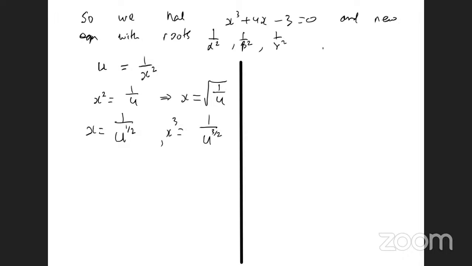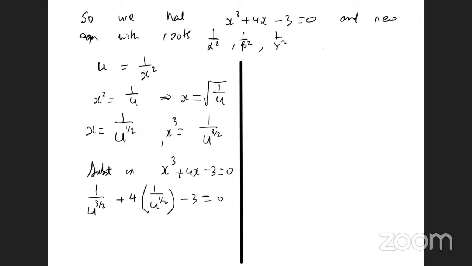So if I substitute now in x cubed plus 4x minus 3 is 0, I will end up with 1 over u to the 3 on 2 plus 4 by 1 over u to the half minus 3 is 0. Are you okay with that?